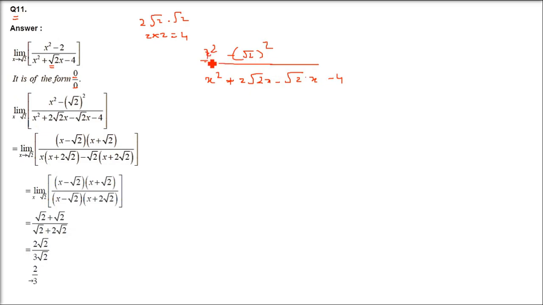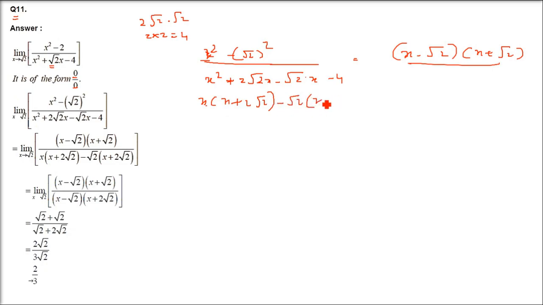So we have a square minus b square, a minus b, a plus b, you can write x minus root 2 and x plus root 2. This is the numerator you have. And in the denominator, you have this x common, x plus 2 root 2, and minus root 2 you can take from here, minus root 2 times x plus 2 root 2.